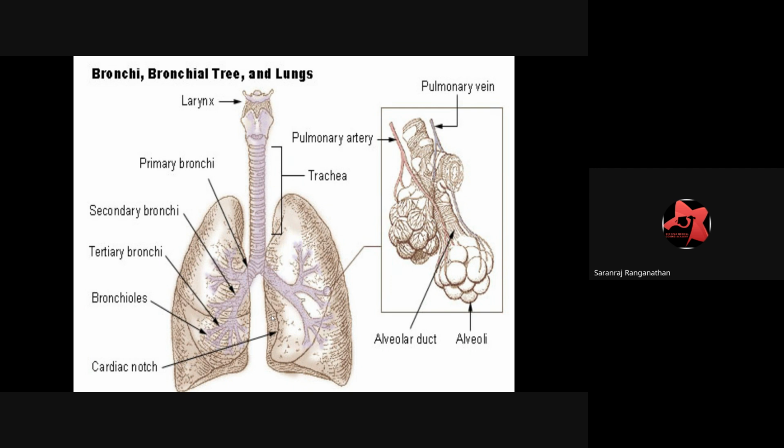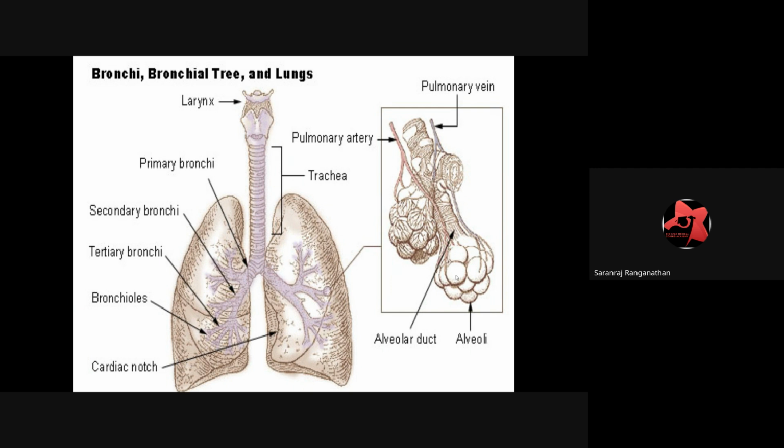This is the place where the heart is present. These bronchioles are connected with the alveolar duct and alveolus. You can see these balloon-like structures; these individual structures are called alveoli. While inhaling, these structures expand, and they collect oxygen and remove carbon dioxide from the blood.